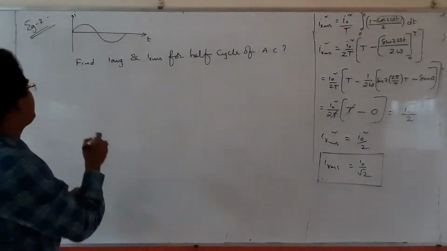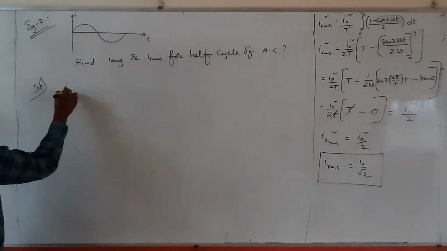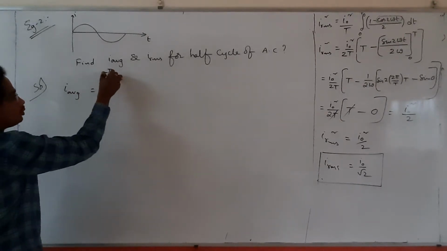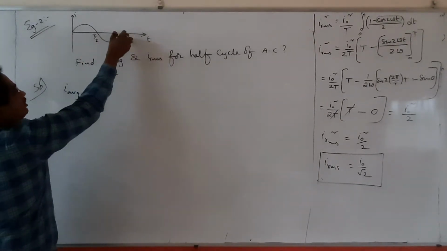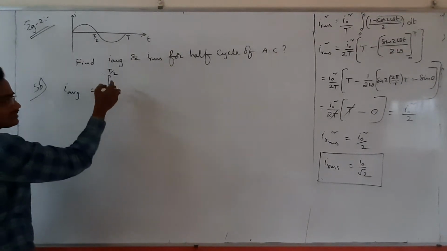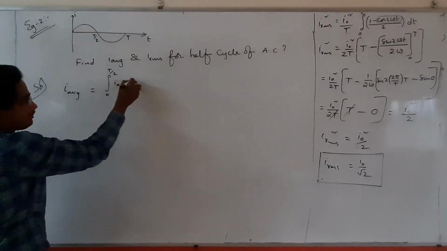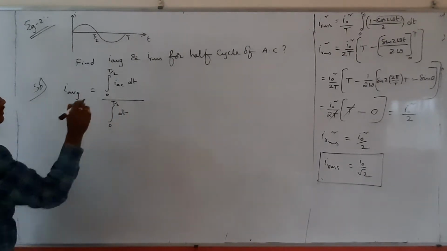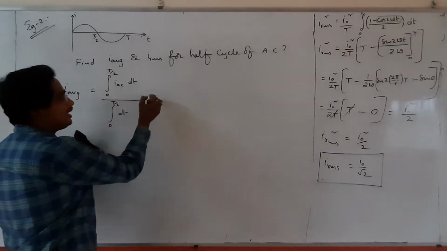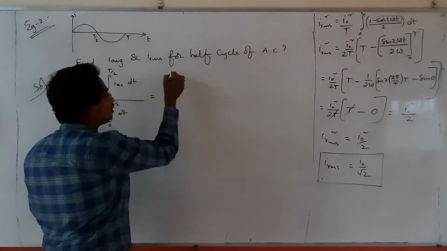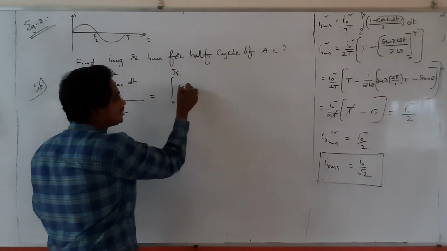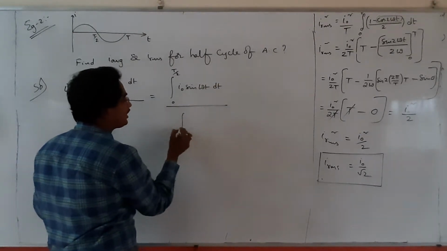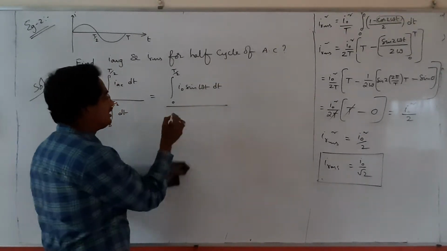So how to write it? I average equals integral 0 to T by 2, because it is T by 2, only half of the cycle, of IAC dt by integral 0 to T by 2 dt. So we get integral 0 to T by 2 I naught sin omega t dt divided by integral 0 to T by 2 dt, which is T by 2.